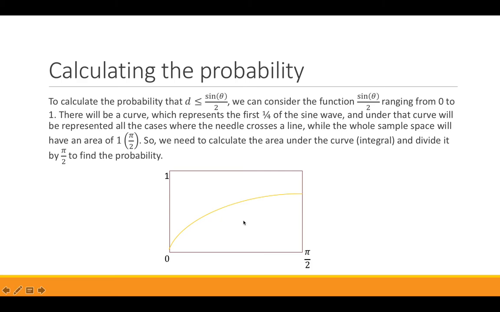And under that curve will be represented all the cases where the needle crosses a line, while the whole sample space will have an area of 1 times pi over 2. So pi over 2, because this is base times height. So we need to calculate the area under the curve by doing an integral and divide it by pi over 2 to find the probability.